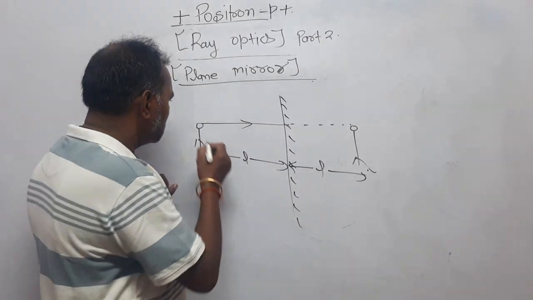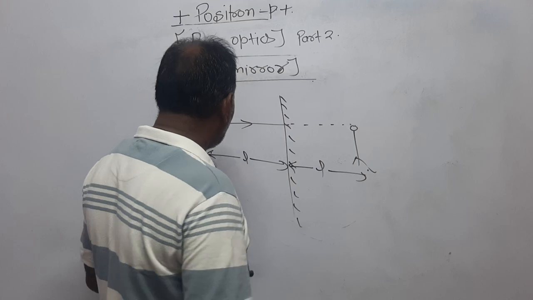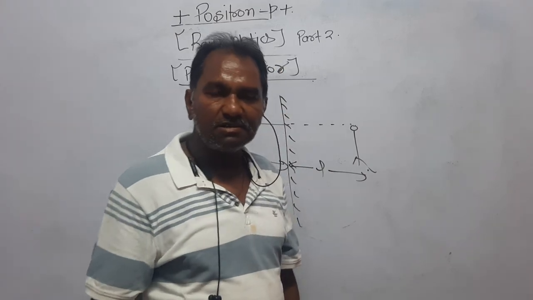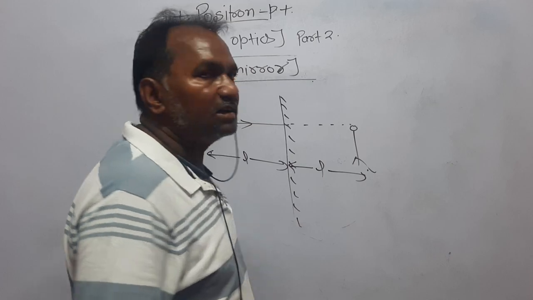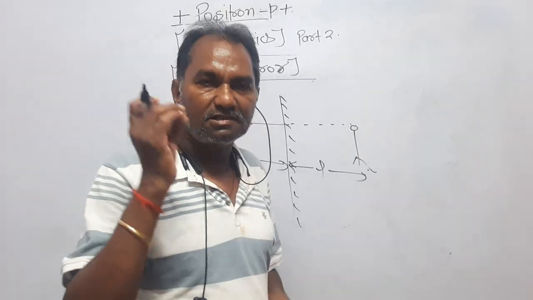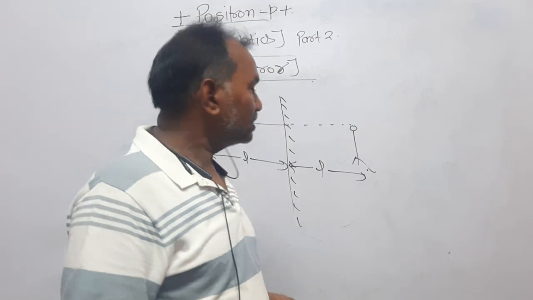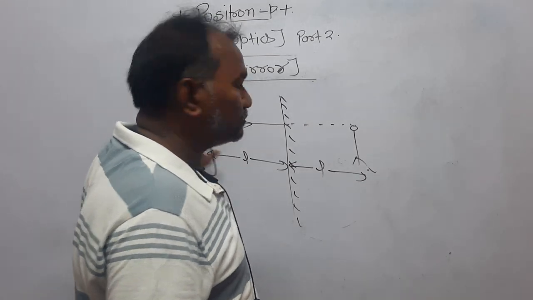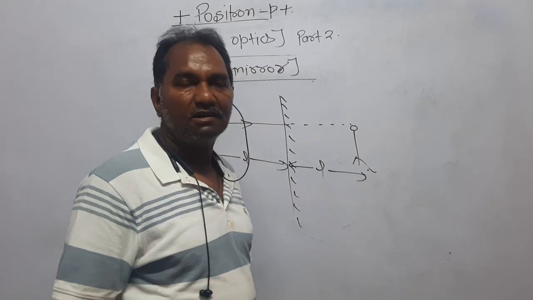Dear students, you can say the size of your mirror is equal to the size of your height, right? The size of the image is equal to the size of yourself, right? If you are 6 feet, then the image will be 6 feet.